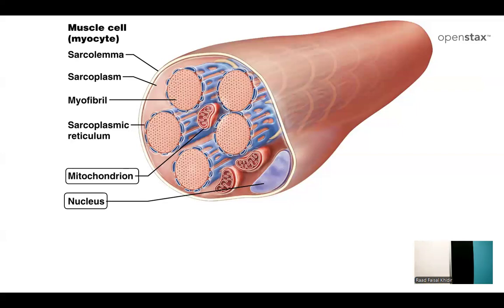Then multiple muscle fibers are wrapped around by the perimysium. So the perimysium wraps them around.